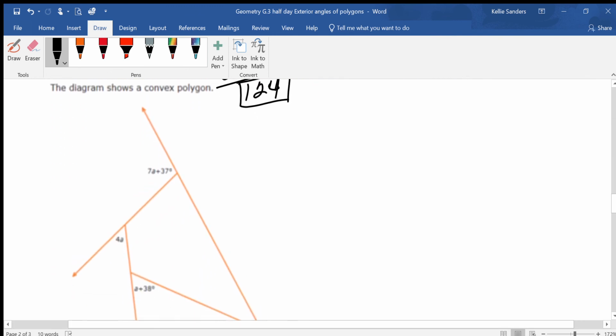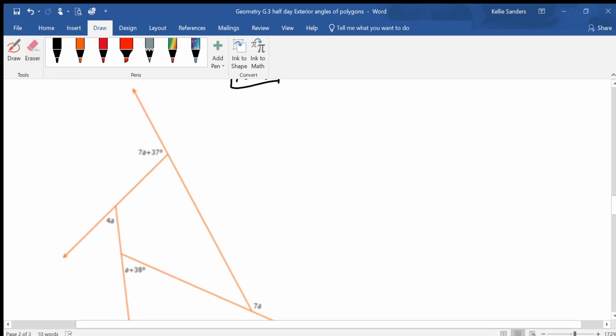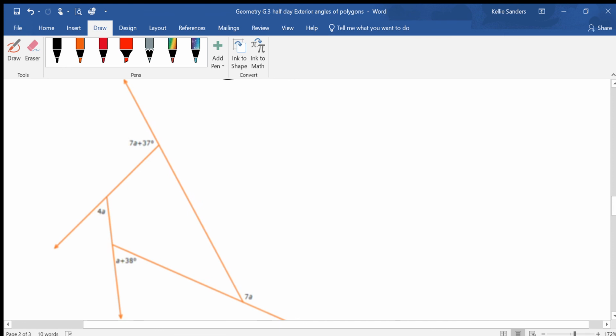Same, but at least we have a little bit more room to write on. So 7A, or I'm assuming that you guys can write all of this out. Let me show you maybe a little bit quicker way.